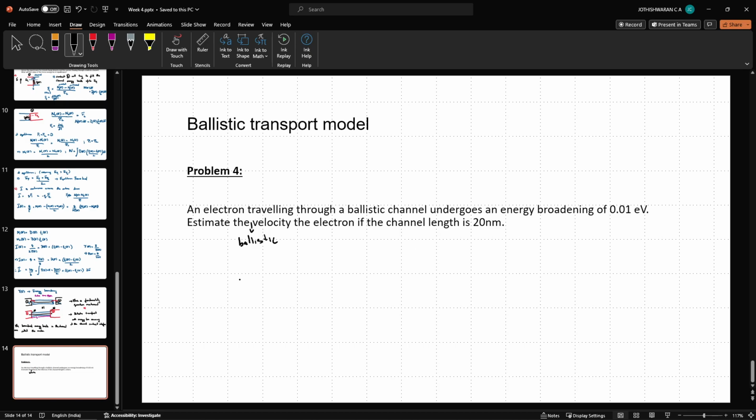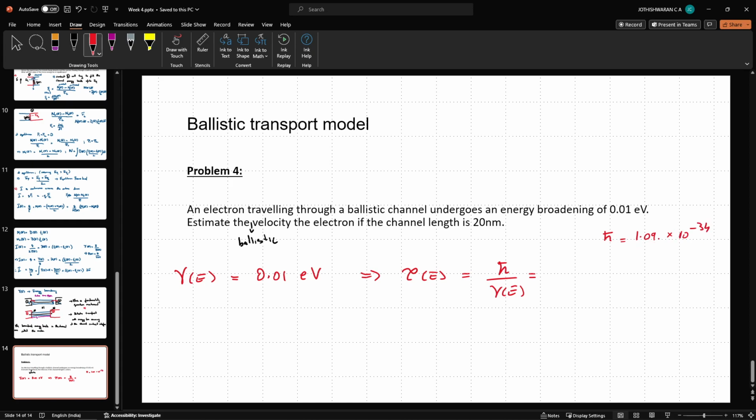So how do we find this? Essentially, first, we have been given gamma of E. Gamma of E is equal to 0.01 electron volts, which implies tau of E, the time the electron spends in the channel, is given by h bar by gamma E. If you plug in the constant values, h bar will be, I think, 1.09 into 10 to the power minus 34.